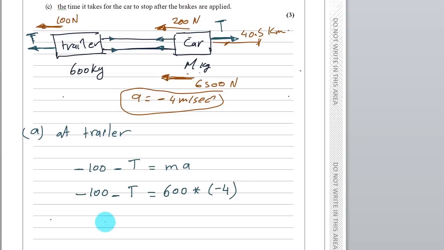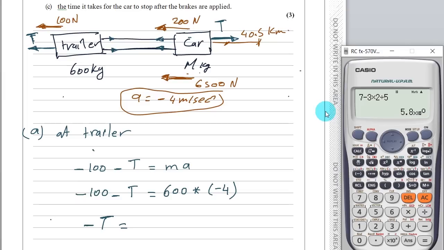So the tension force that you need is equal to 600 multiplied by minus 4 plus 100.